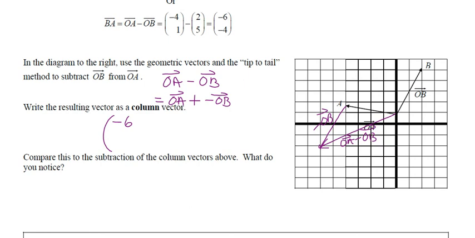Wait, they don't start at the origin. I just realized that. Something moved. Okay, hang on. Thank you for pointing that out. Here's the origin then. We just changed the origin.